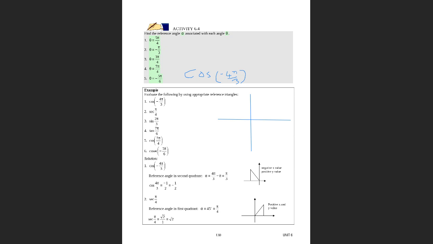You know that here is 0, here is pi over 2, here is pi, here is 3 pi over 2, and here is 2 pi.